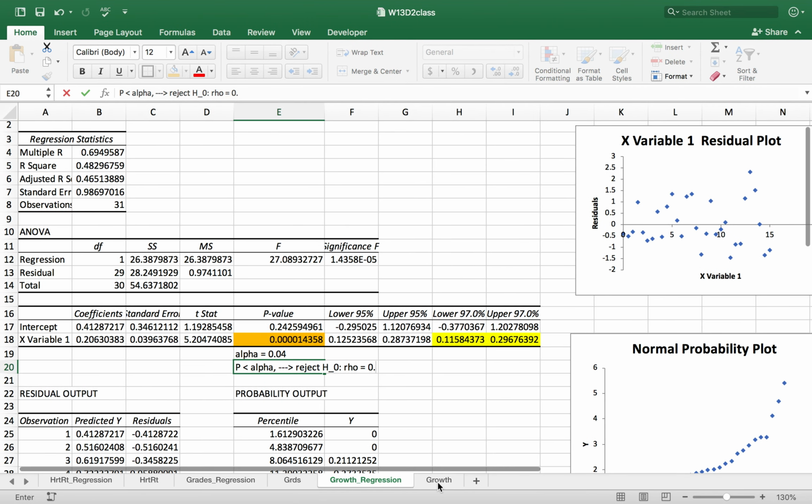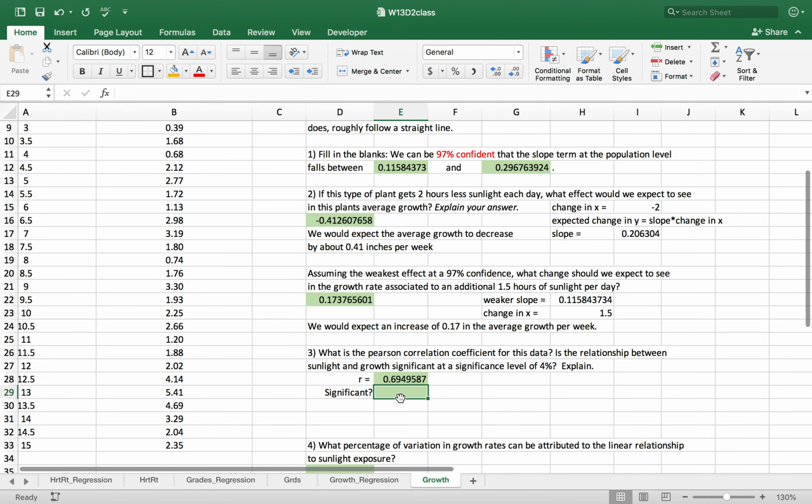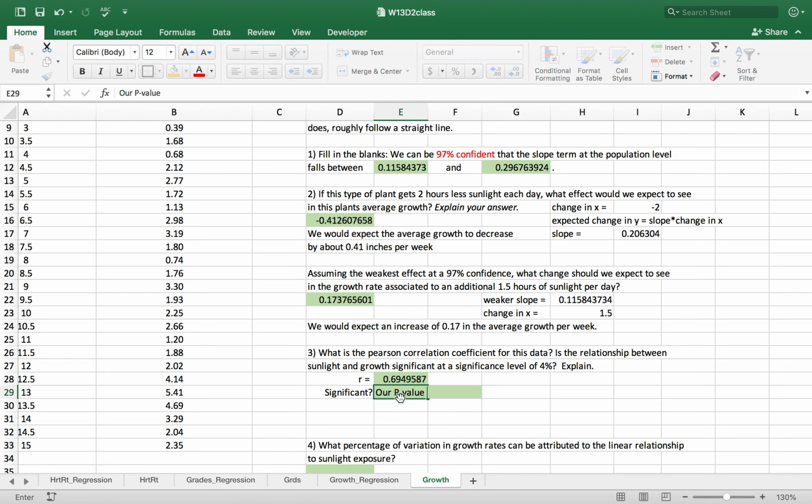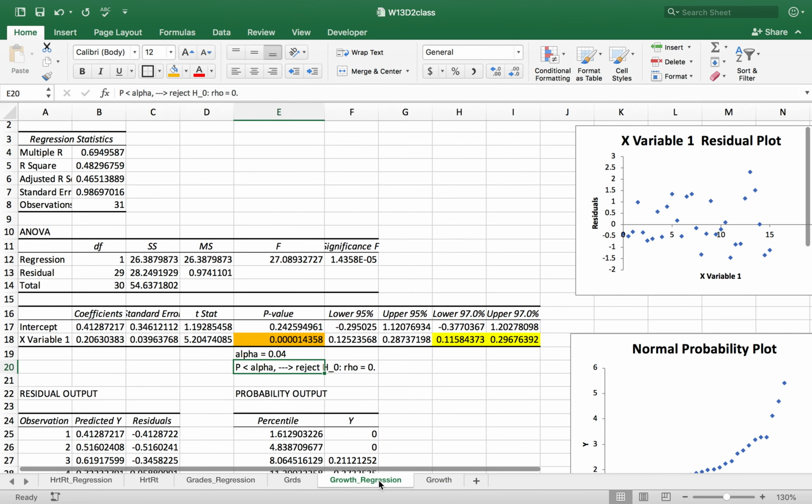So let's package this together in a nice conclusion here. All right, our p-value for the significance of the correlation is 0.0000, I forget what this was, 144, let's call it.